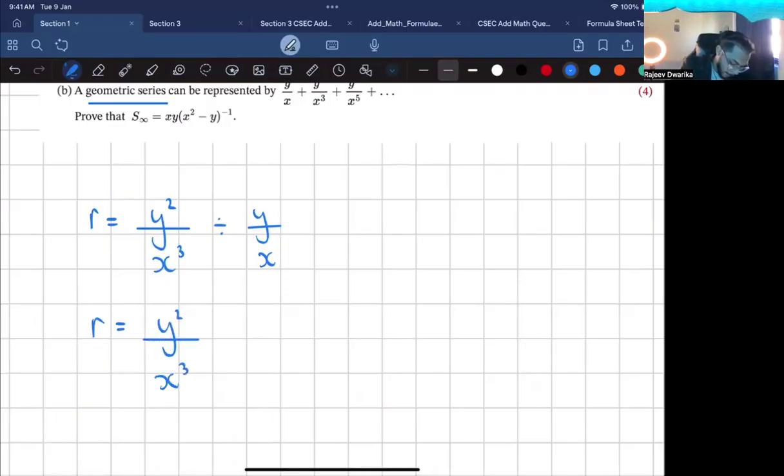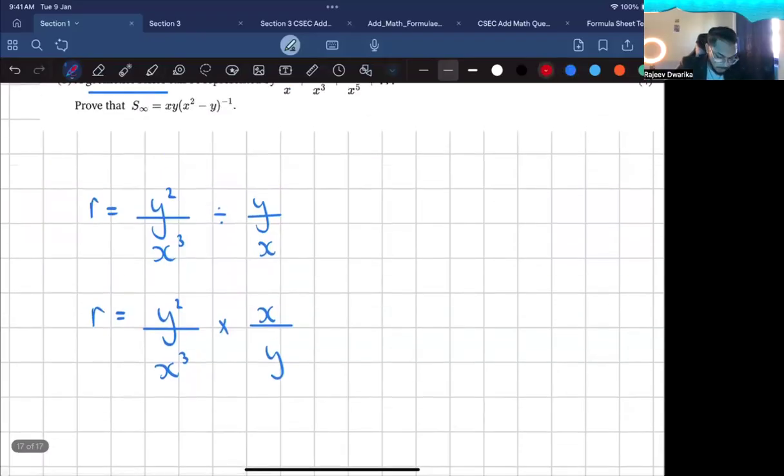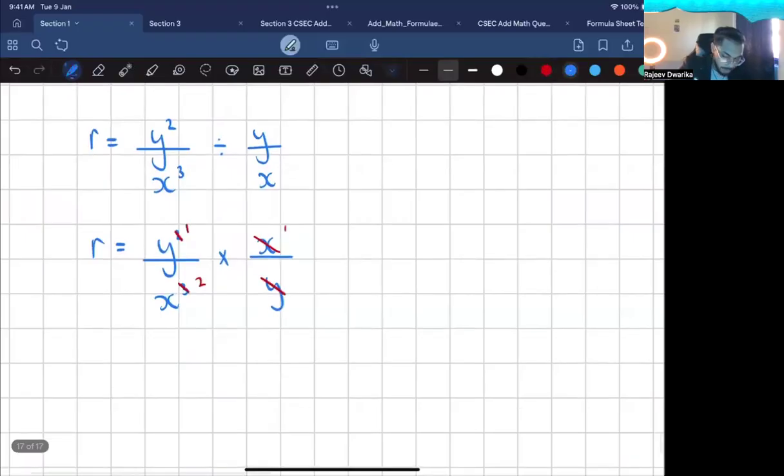Multiply by the reciprocal. Do you see anything that could cancel off potentially? Yeah, x into x cubed, and y into y squared. So what do we put for the common ratio? y over x squared.